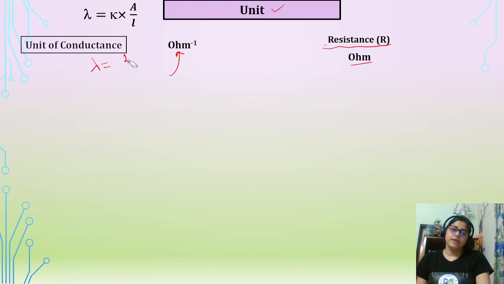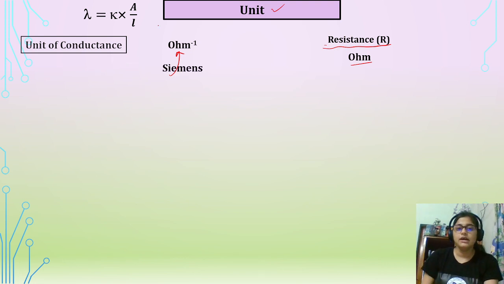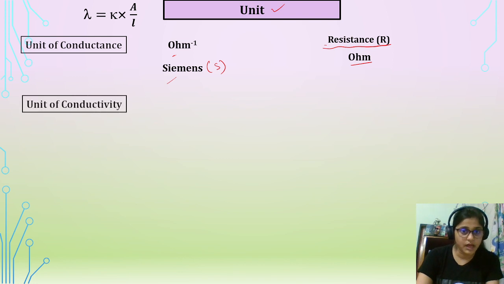In SI units, the unit of conductance is the Siemens, sometimes written as S. So ohm inverse or Siemens. Now what is the unit of conductivity, or specific conductance, that is kappa?